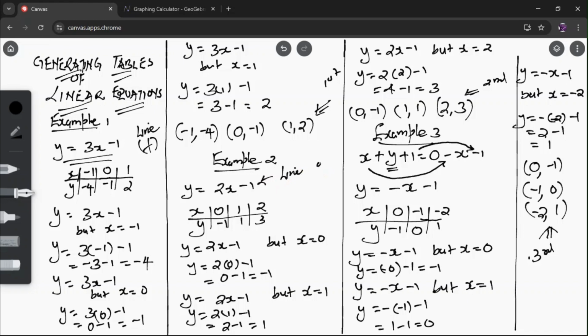Then we have the last one, in our case, the coordinates: 0, minus 1. So I'll come to my graph again.